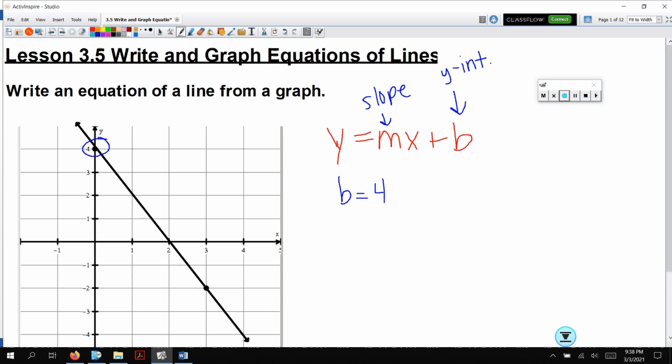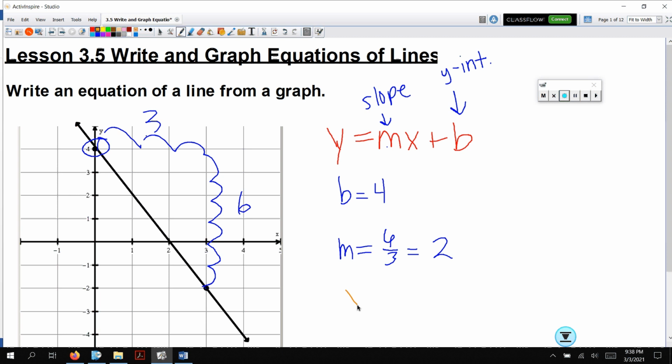Easy find. Now to find the slope, I'm going to start at this lower point here, and I count up 1, 2, 3, 4, 5, 6. Over 1, 2, 3. So m equals 6 over 3, which reduces to 2. All I need to do is plug those numbers back into my slope-intercept form.